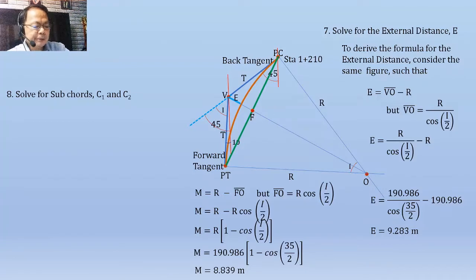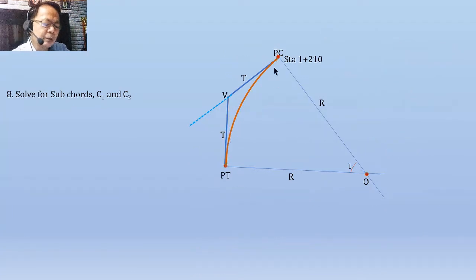Now, after solving for our external distance E, the next we will solve for is the subchords C1 and C2. To understand what these subchords C1 and C2 are, let us try to imagine the composition of our simple curve after we have identified its length. Our simple curve is composed of different full chords.